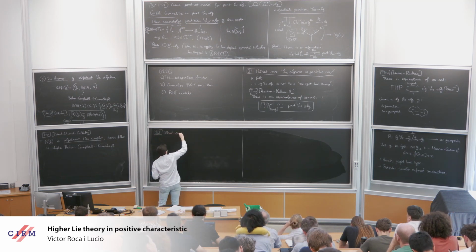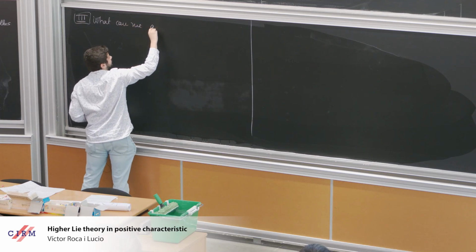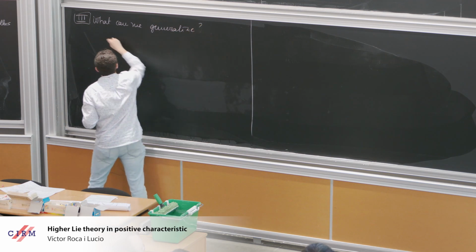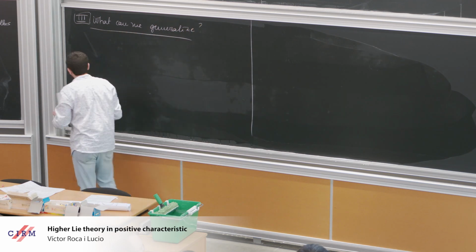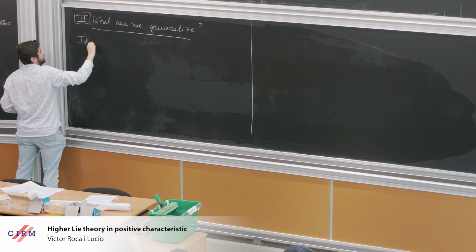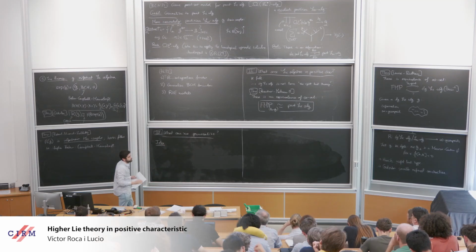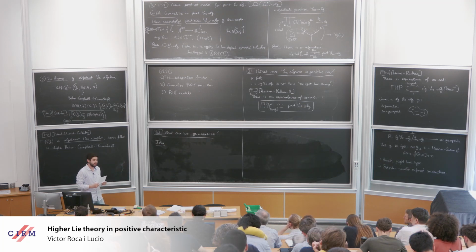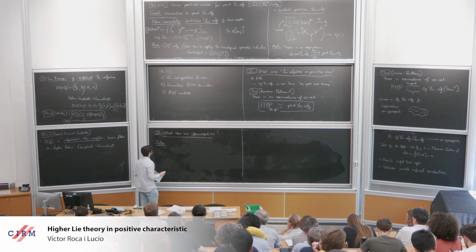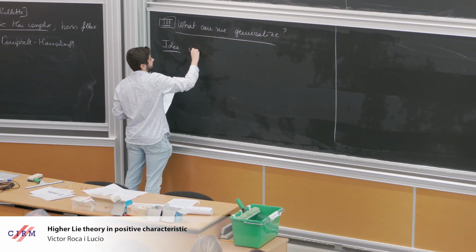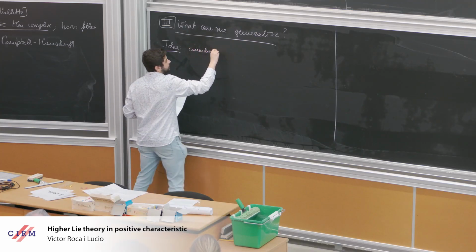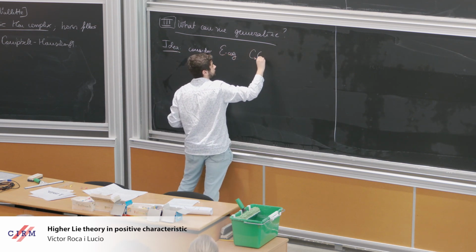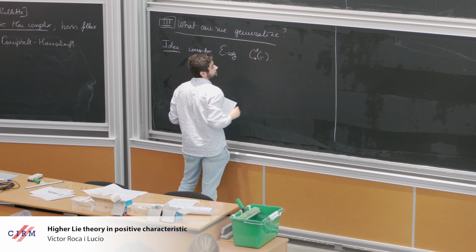So what can we generalize? What I first want to do is to construct an integration functor for these absolute partition L-infinity algebras. And the way I will do so, the idea is to consider the Barratt-Eccles coalgebra structure on the cellular chains functor.